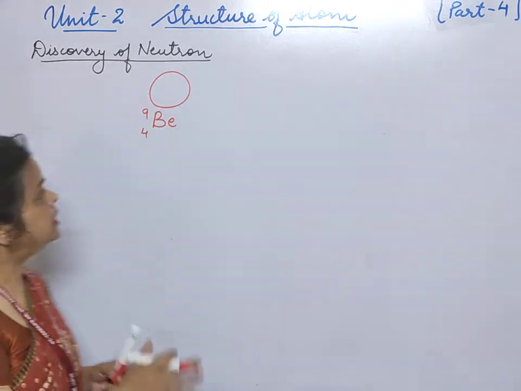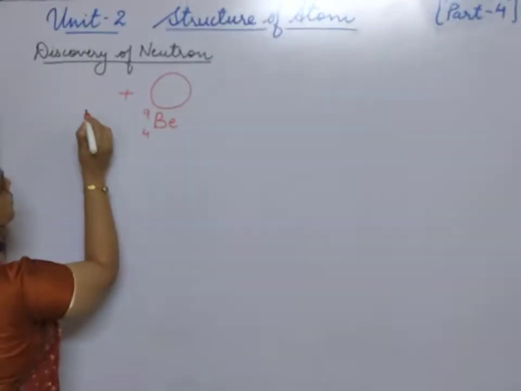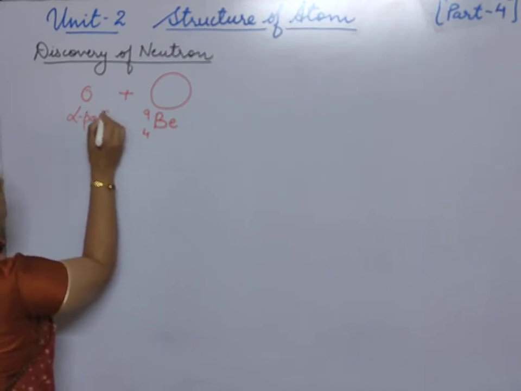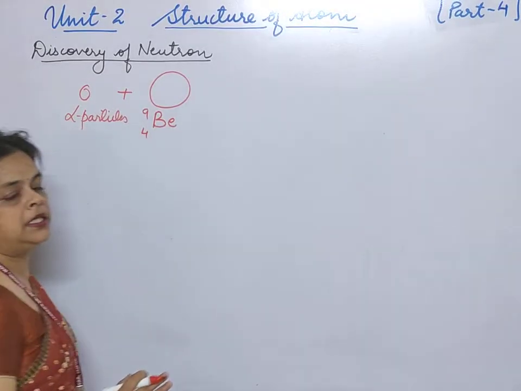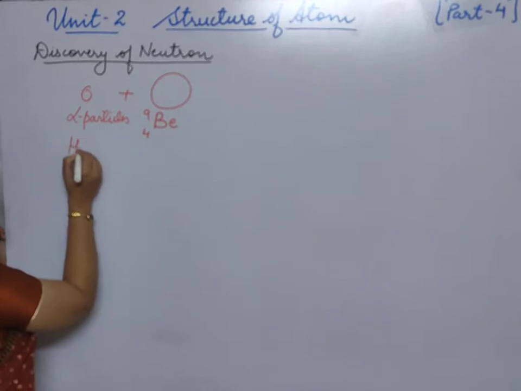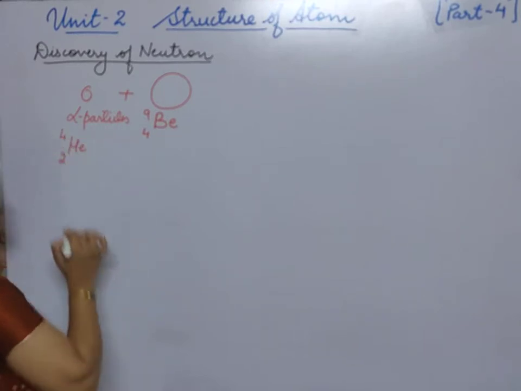So here he took the beryllium sheet and he bombarded it with the alpha particles. What do you mean by alpha particles, students? Alpha particles are nothing but doubly ionized helium nuclei. Helium has atomic number 2 and mass number 4.